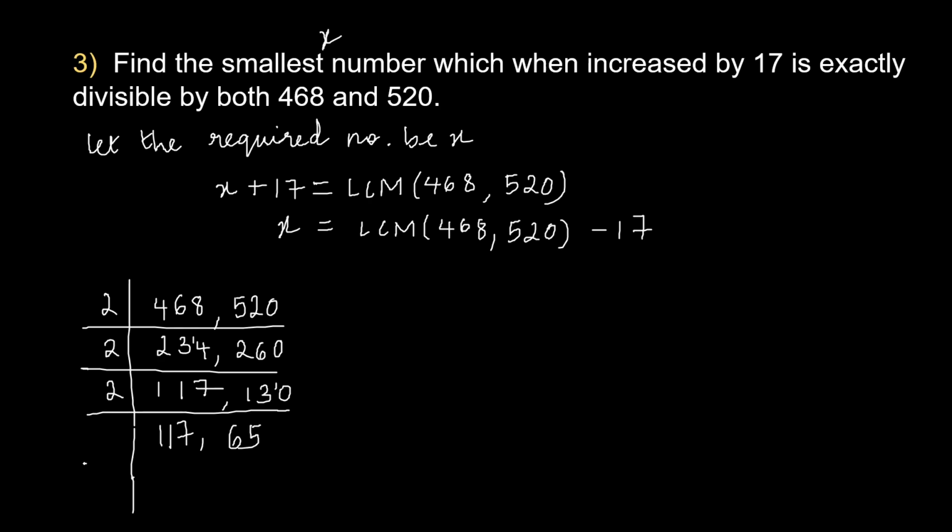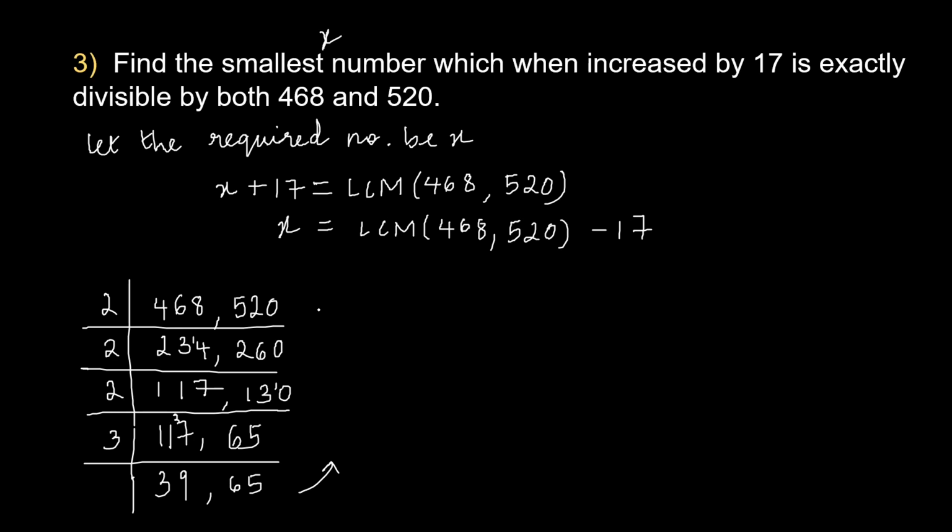Again 2, keep 117 as it is, and 2 6s are 12, carry 1, 2 5s are 10. Now the next prime number is 3, so let's see if 117 is divisible by 3. 3 3s are 9, yes, so 3 9s are 27. Now 65 is not divisible by 3, so keep 65 as it is.